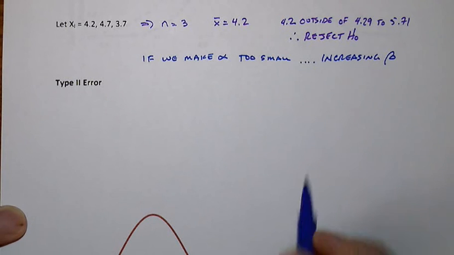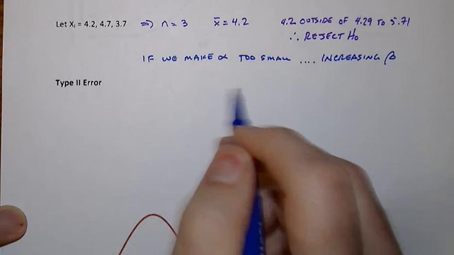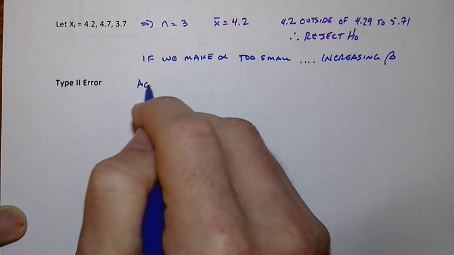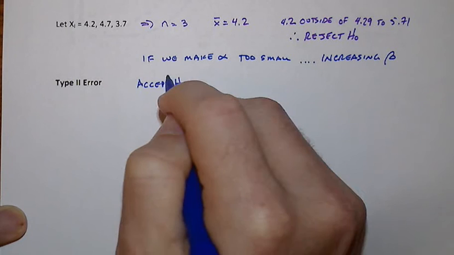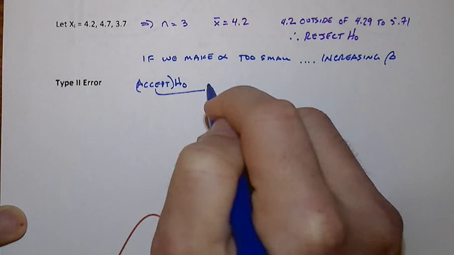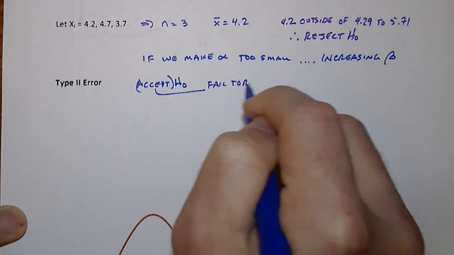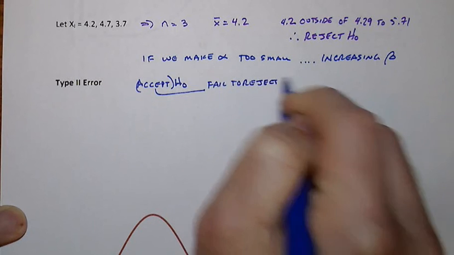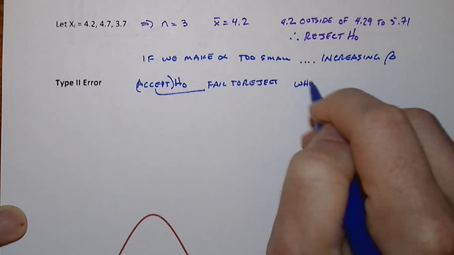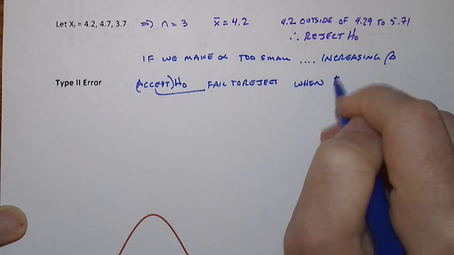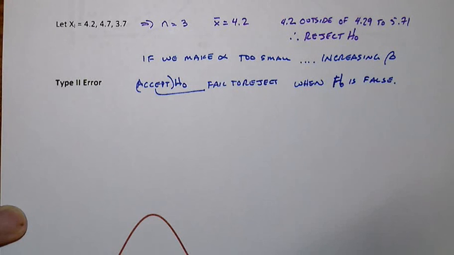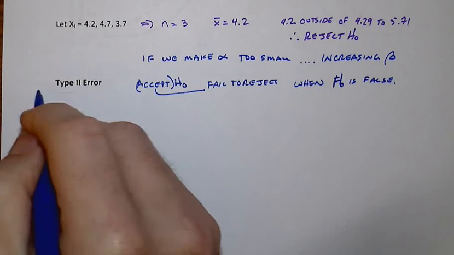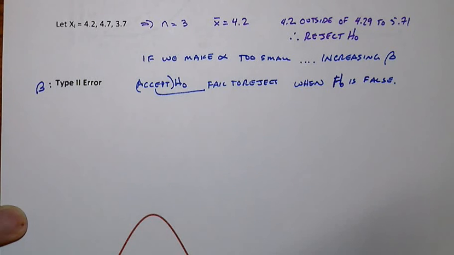That is, we're going to end up accepting H0, or really failing to reject H0, when we should have. And so that's our type 2 error that we're concerned about.